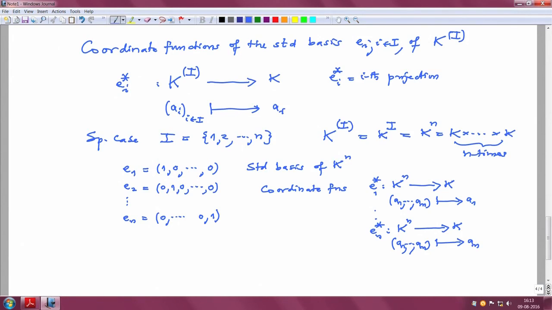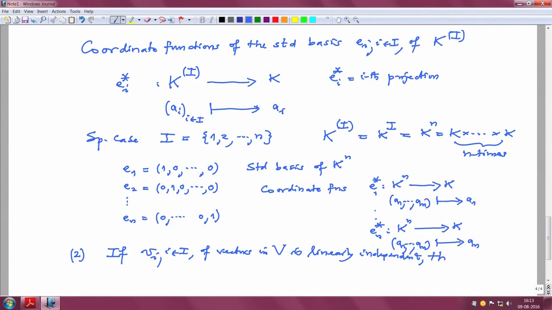The next example, example 2. If a family Vi of vectors in V is linearly independent, it may or may not generate V, but linearly independent means if a linear combination of Vi is 0, then each coefficient is 0.